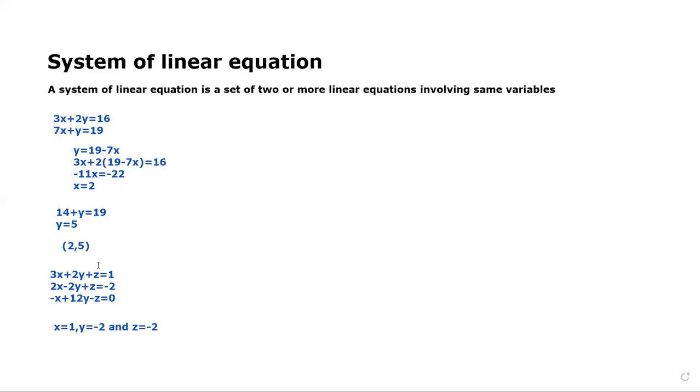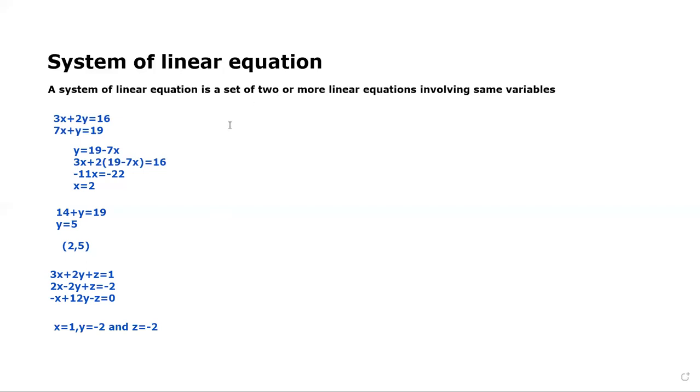So this system of three linear equations involves three same variables. All involve the same variables, that is x, y, and z, three variables here. So we can write the general form of a linear equation system.